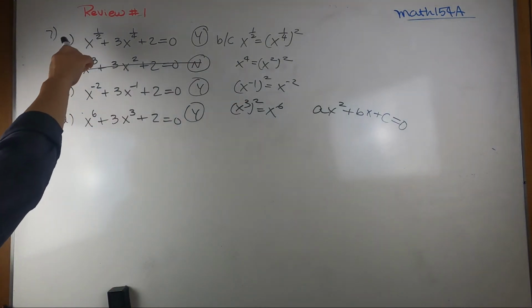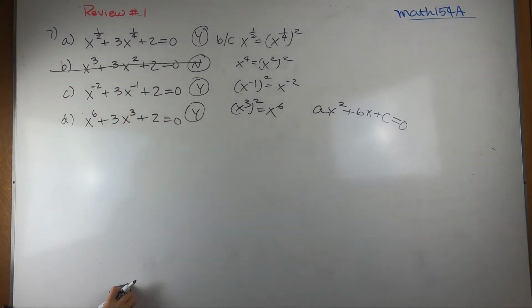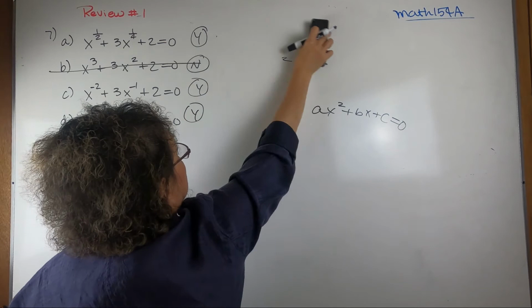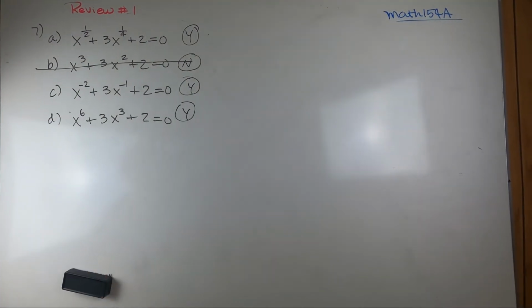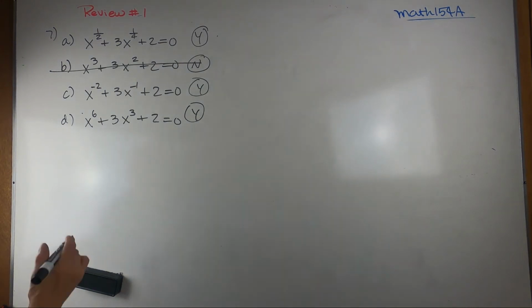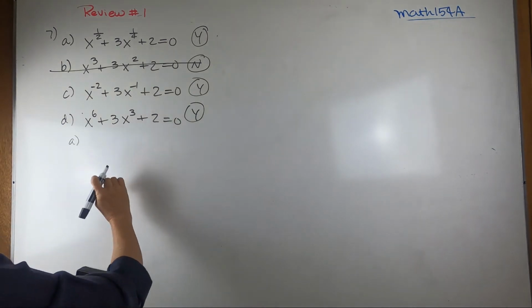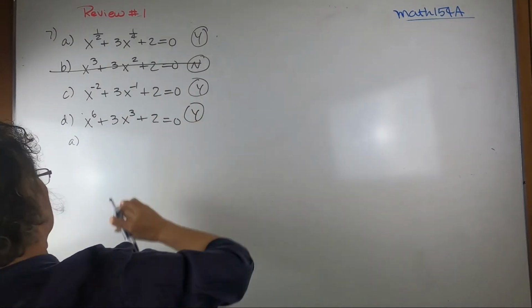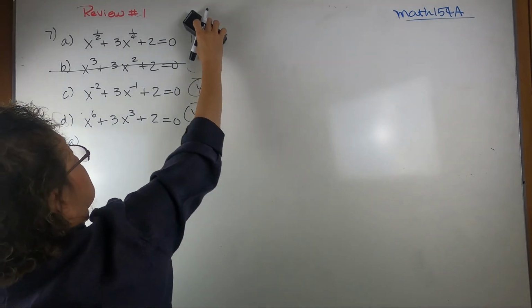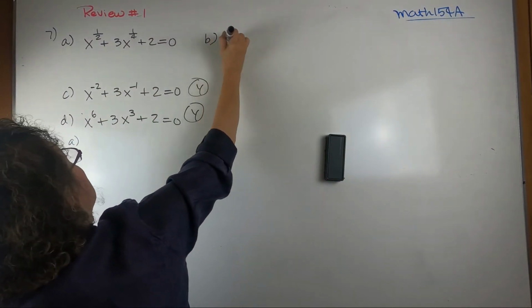All coefficients are 1 and 3 and 2, right? So, let's do them together. For the first one, it is x squared. For the second one, it would be x.